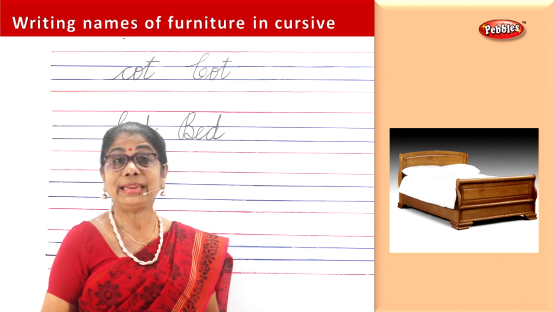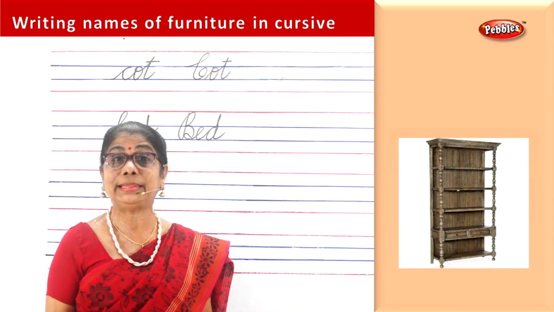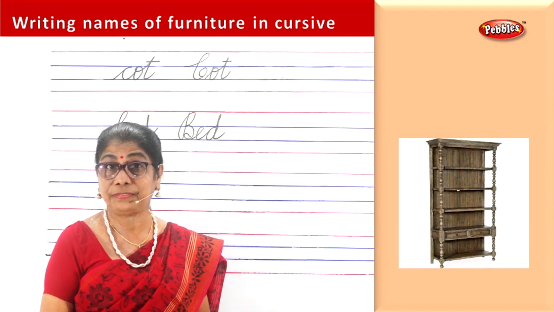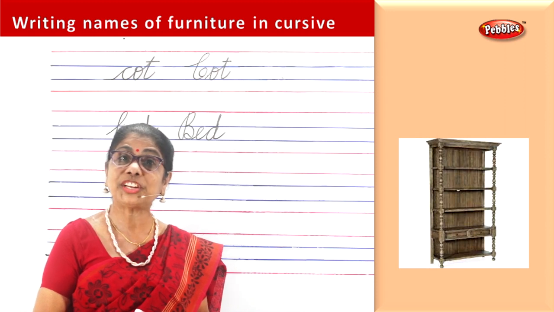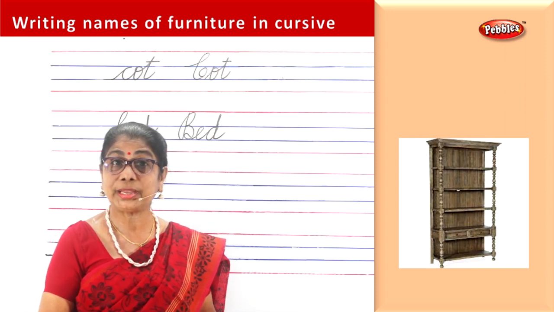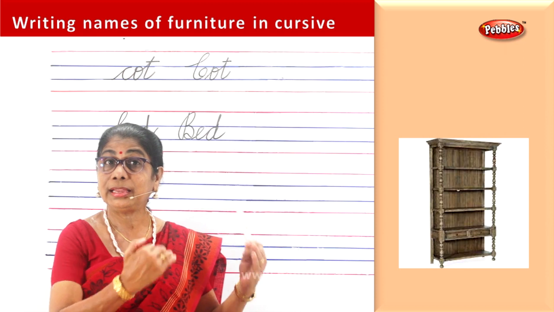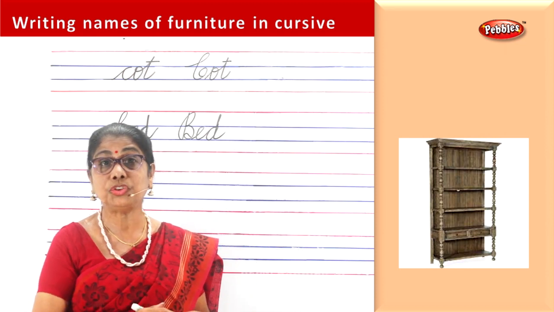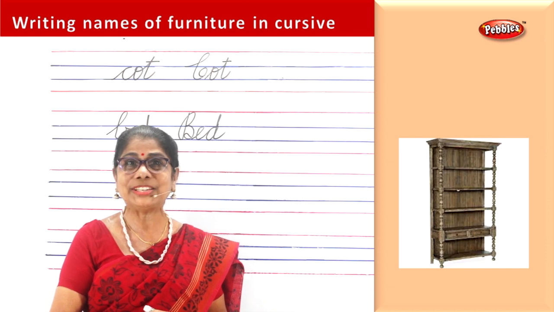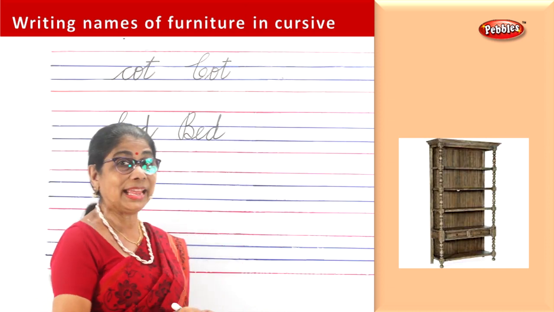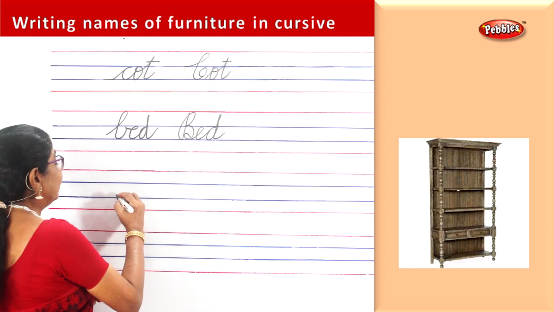Good. Now, where do you keep your books and things? You have shelves. In the cupboard, there are shelves. Spell shelf. S-H-E-L-F, shelf. In the shelf, you can arrange your things, books and bags and whatever you want. Shelf.